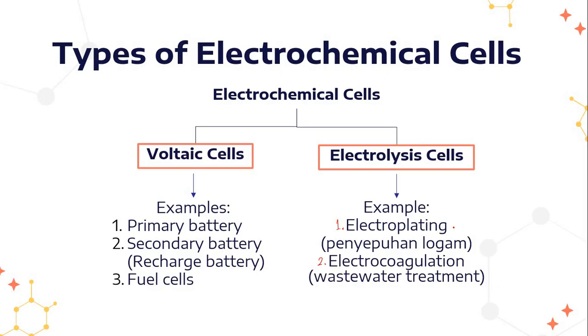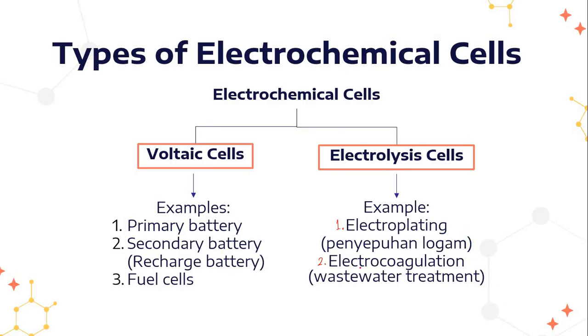Electroplating is usually used to coat metals with other metals. In Indonesia, we call it penyepuhan logam. So we can coat a metal with other metals, and the aim is usually to add aesthetic value or to prevent corrosion, something like that.